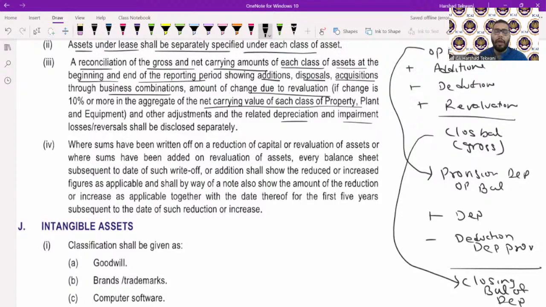So whenever there is a revaluation, a reduction in capital, or a change in asset balance on account of revaluation, by way of note you need to show the amount of increase or decrease, for the first 5 years.